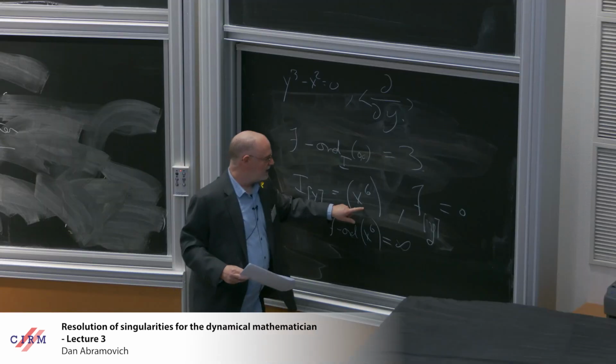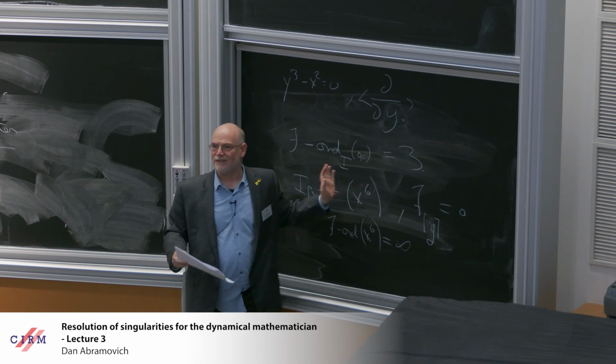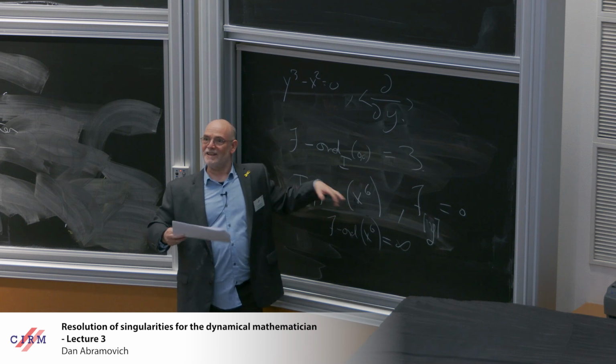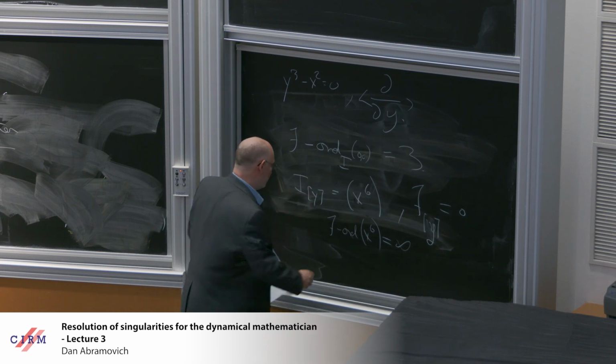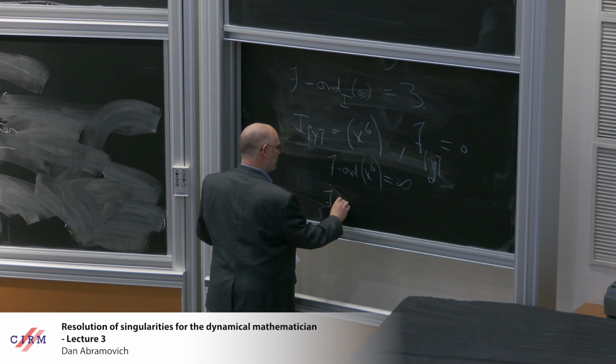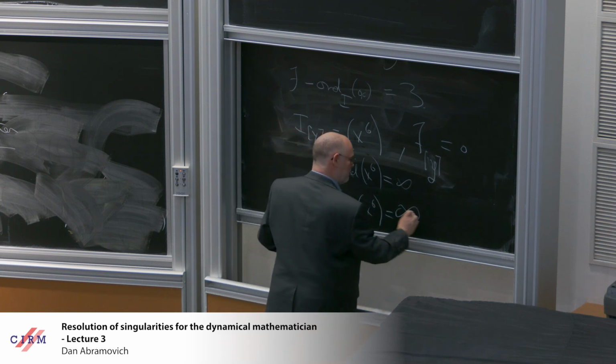in this case, this ideal, you take the derivatives, the F derivatives as much as you can, so this is what you have. And you take its usual order. So the F invariant of x to the 6 is infinity plus 6.